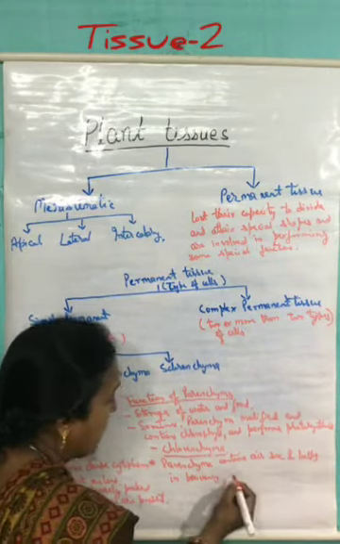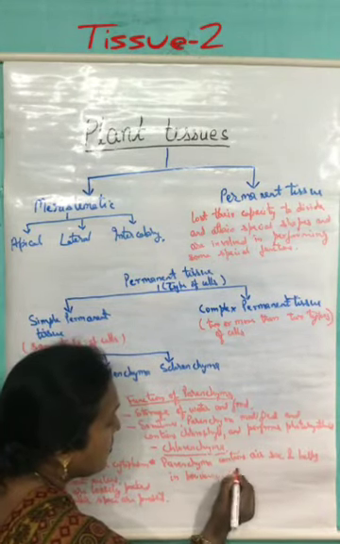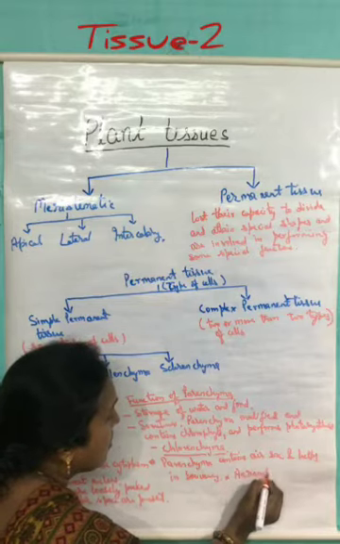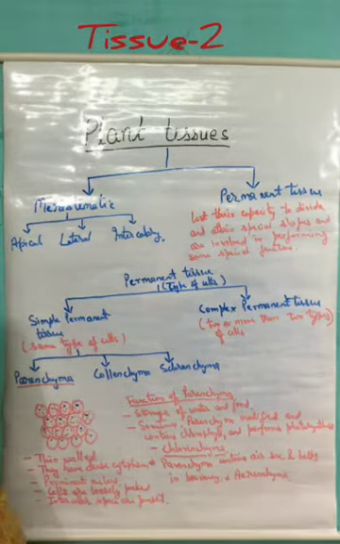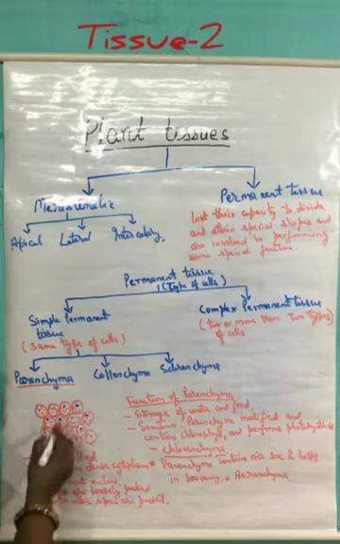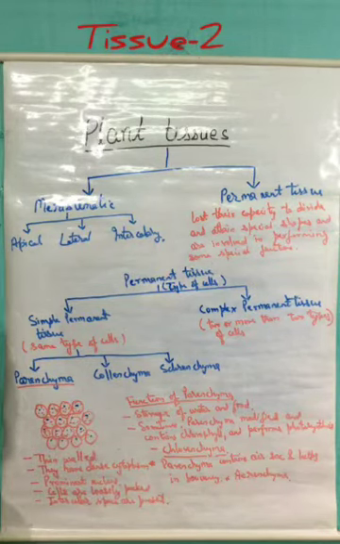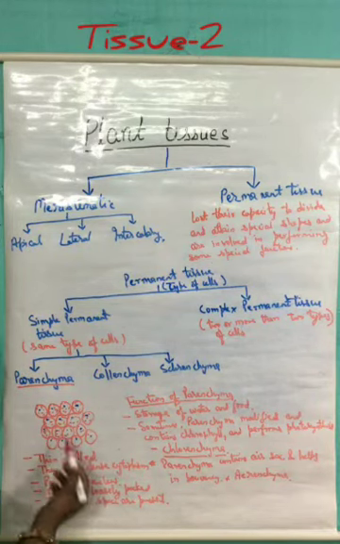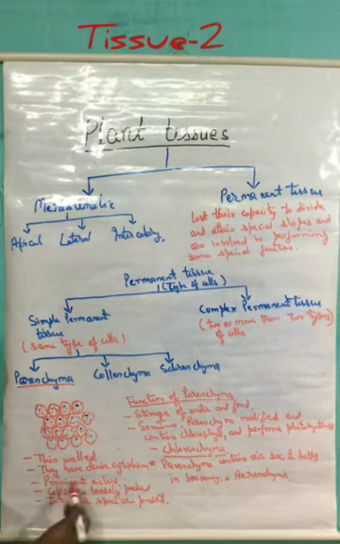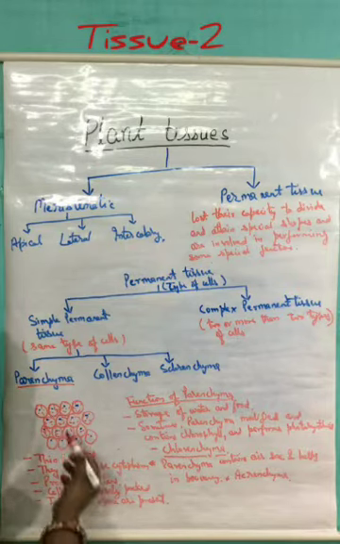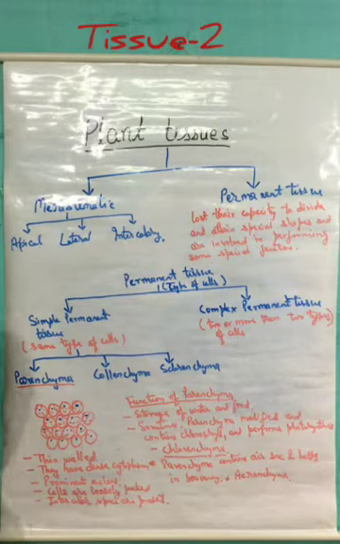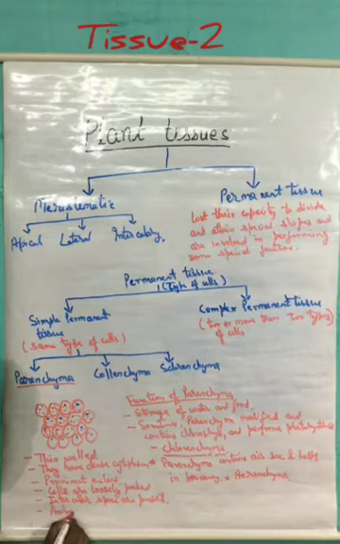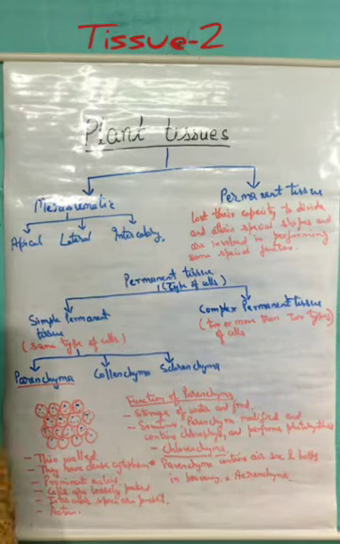These types of parenchyma are known as aerenchyma. So the first type of the simple permanent tissue is parenchyma, where the cell wall is thin. The cell wall is only made up of cellulose. They have dense cytoplasm and a prominent nucleus. The cells are loosely packed, having intercellular spaces. These cells are very much active, and they are performing these main functions.